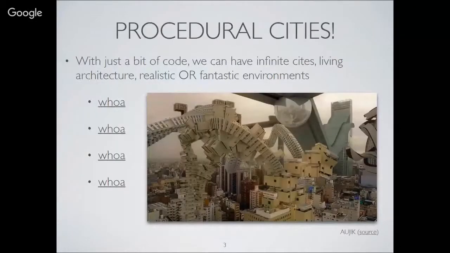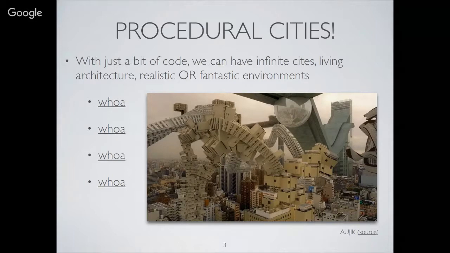Now, I'll leave the link to these slides up so you can check these examples out later, but the cool aspect of procedural generation is, of course, always that it gives us the power to go infinite. And it's especially cool with procedural buildings and cities. I like this image here, which is definitely just a simple algorithmic approach.